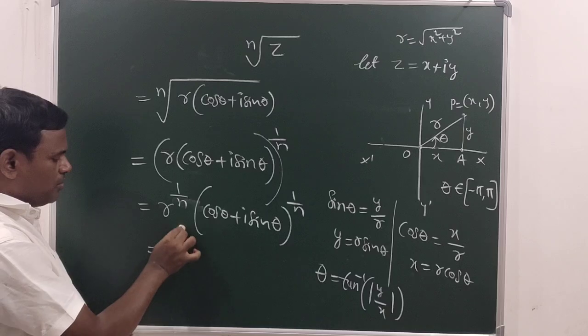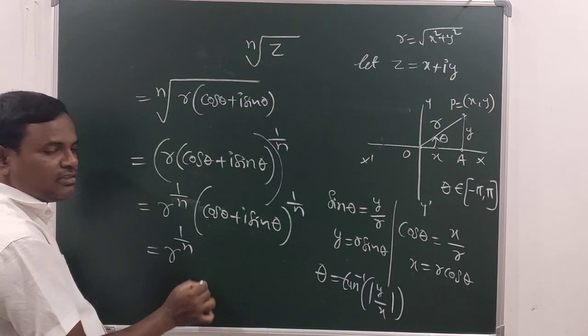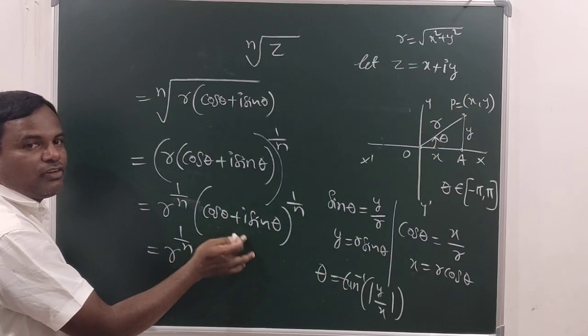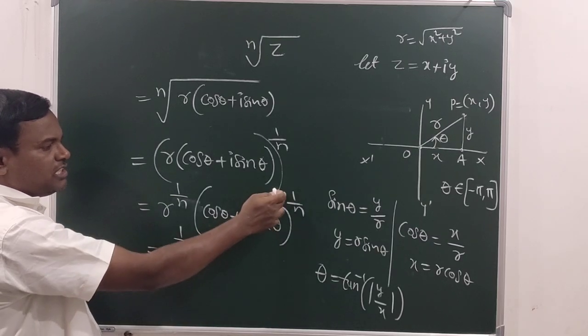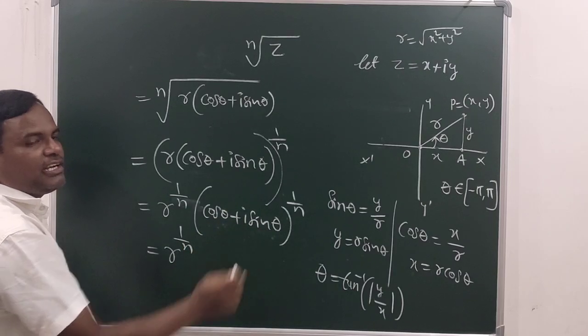Now apply the De Moivre theorem for this. If you apply the De Moivre theorem, 1 by n will come in the place of theta, theta by n, theta by n. You know that.